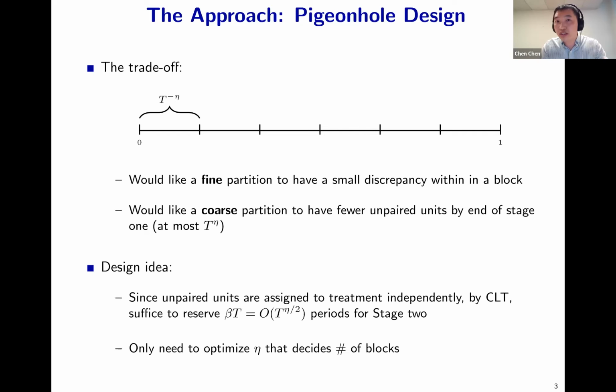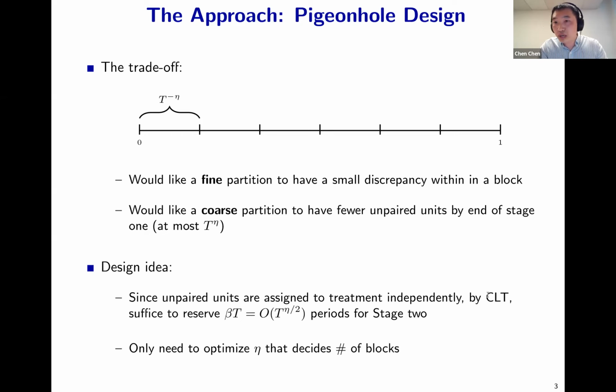And how should we design a good Pigeonhole experiment? Here is a rough idea. By the end of stage 1, for each block, we have at most one unpaired unit, and we know it is independently assigned to treatment or control with equal probability.